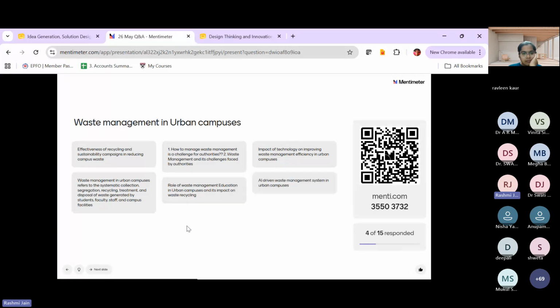Extremely nice. Good one. AI-driven waste management system in urban campuses. That's a good one. However, I would like to reframe it as: how can an AI-driven waste management system in urban campuses bring efficiency? You can reframe it in a manner that helps you structure your thoughts much better. But it's okay.